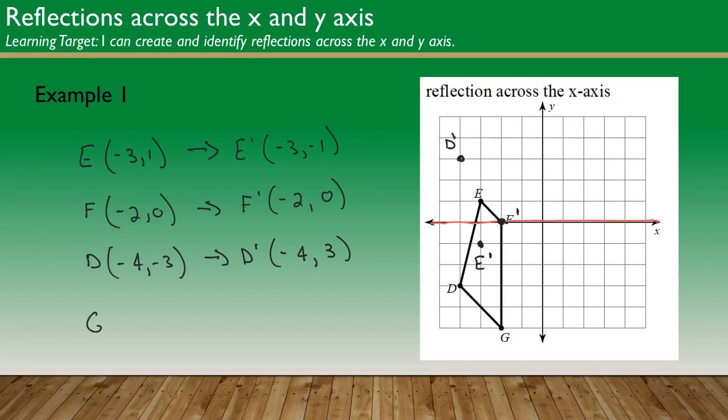And then G is originally at negative 2, negative 5, so G prime is going to be negative 2, positive 5. G prime is there. And you always want to label these things with the apostrophe. So that is our figure after it's been reflected over the x-axis.